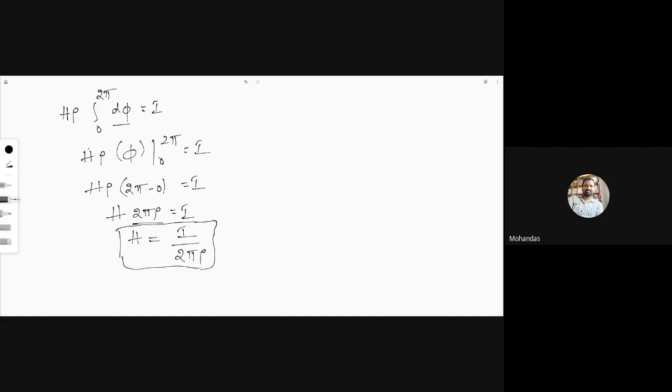Now from the fourth step, what is the H here? H equal to what? In the fourth step, what have you written?